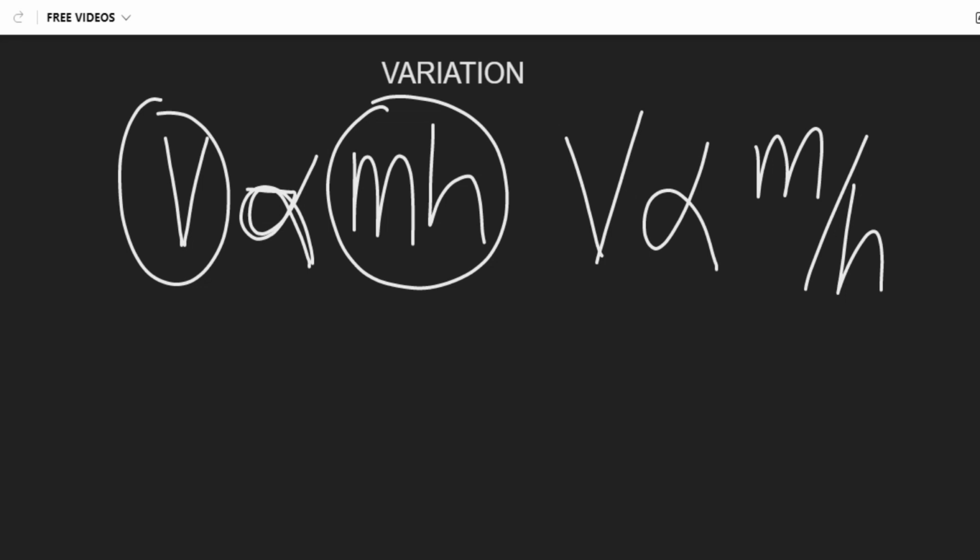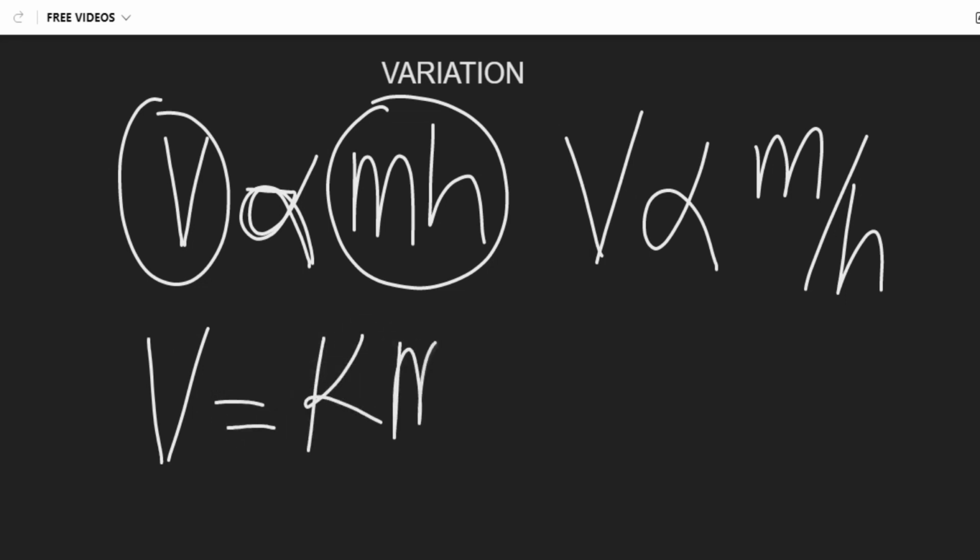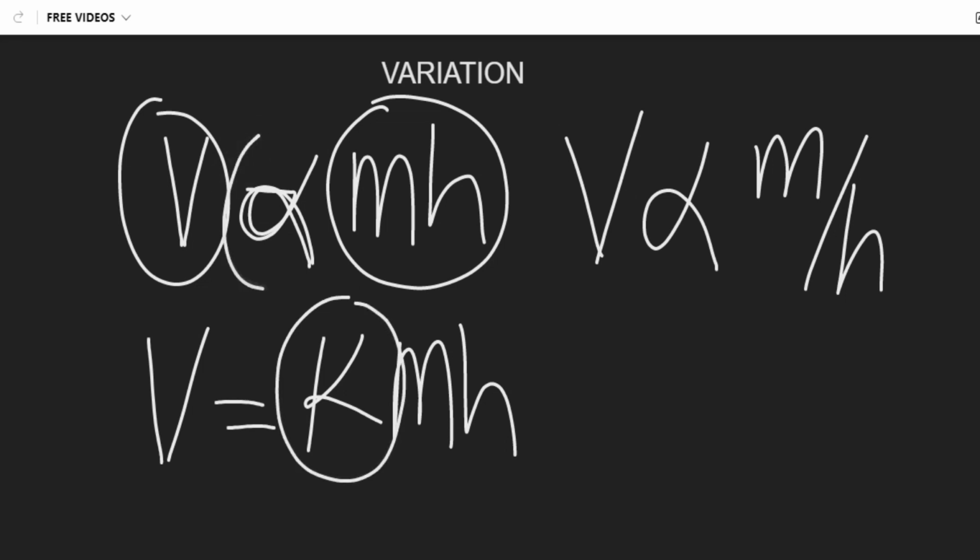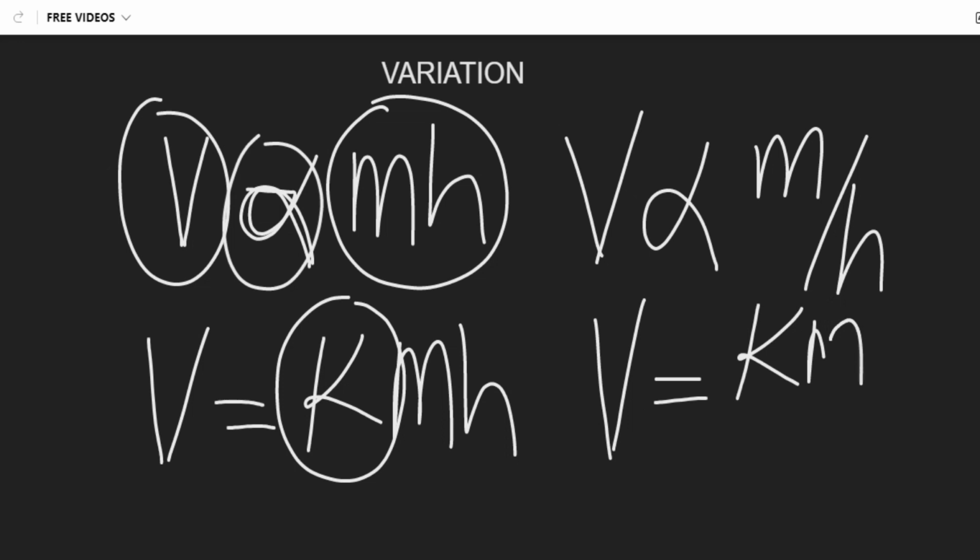And for a joint variation, in this aspect, we can have V equal to K times M times H, where K is a constant of proportionality that has replaced the proportionality sign. And in this instance, our V can be equal to KM over H, where this K has replaced the proportionality sign.